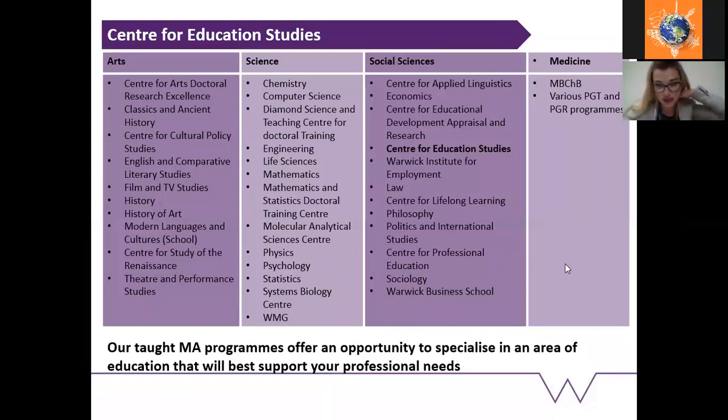Education, that's again one of the sectors that Global Education is sponsoring students in, and we've got the Centre for Education Studies that are looking at pedagogy and methods of teaching and how you can teach across different ages and different countries and cultures.